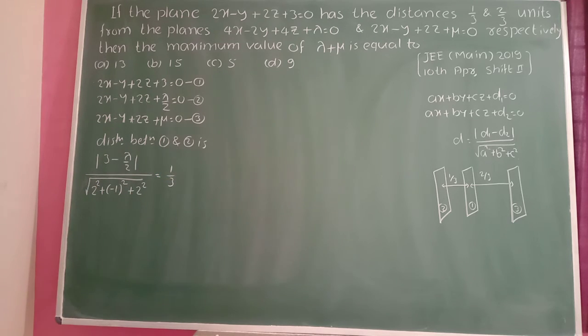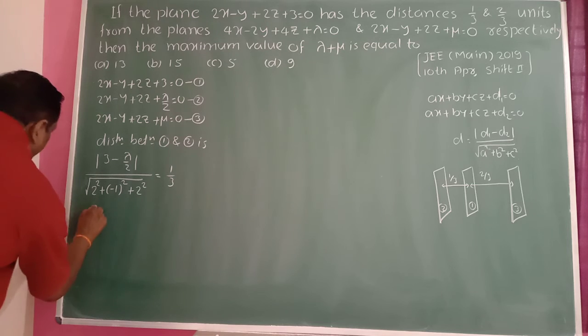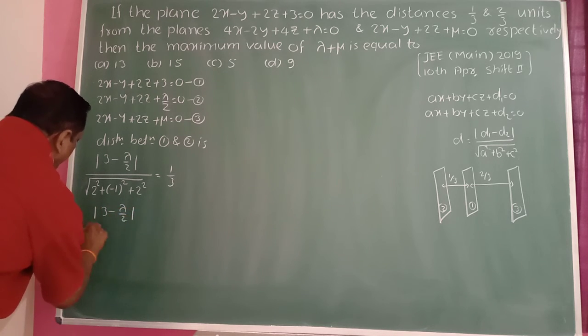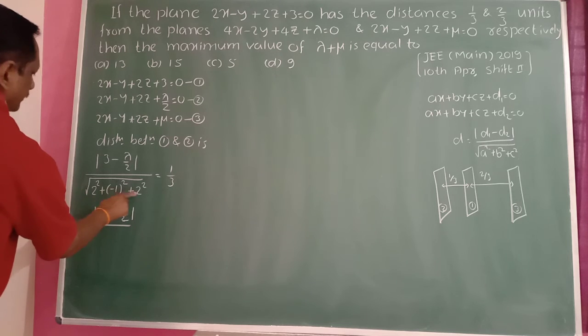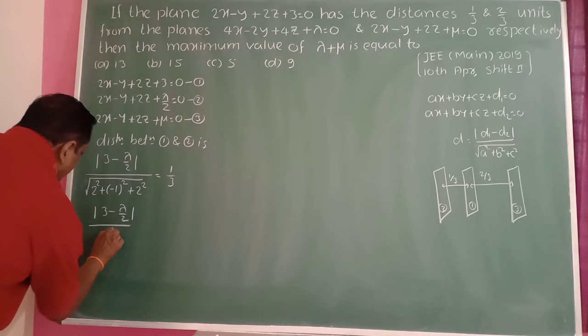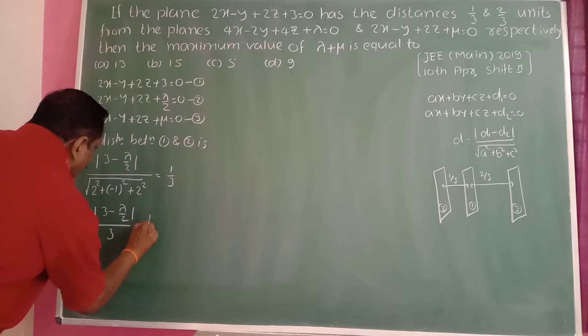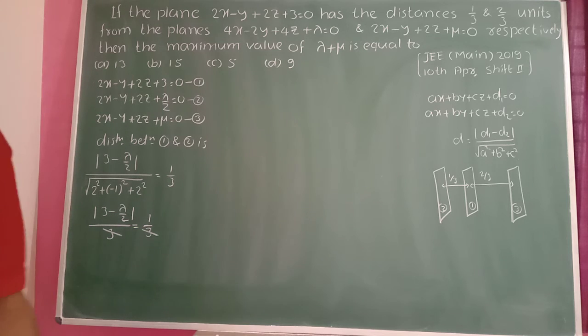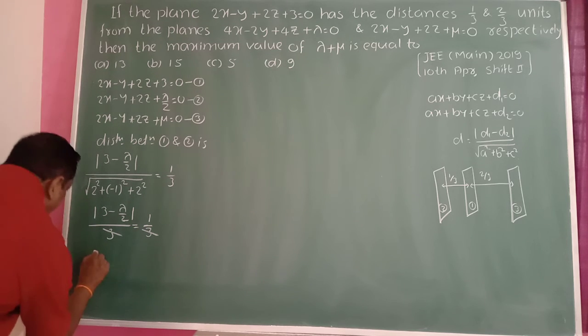They are already given it. Then the modulus of 3 minus lambda divided by 2. Here 4 plus 4, 8 plus 1 is 9, square root of 9 is 3. That is equal to 1 divided by 3. Then this 3 cancels here.